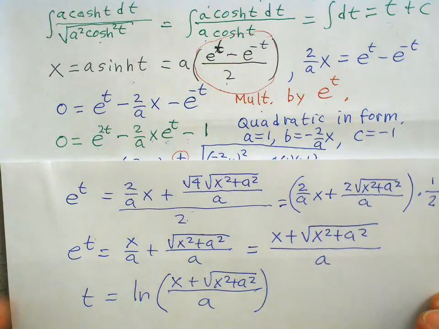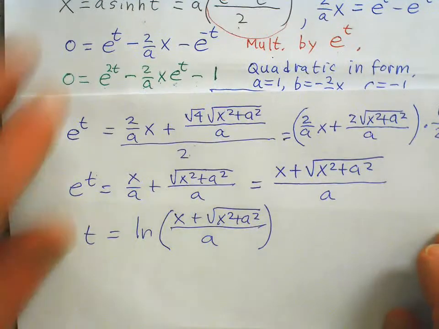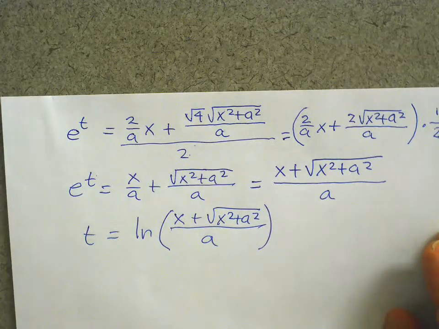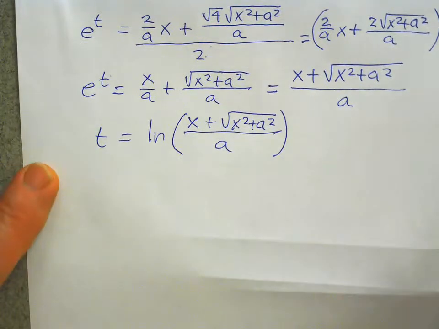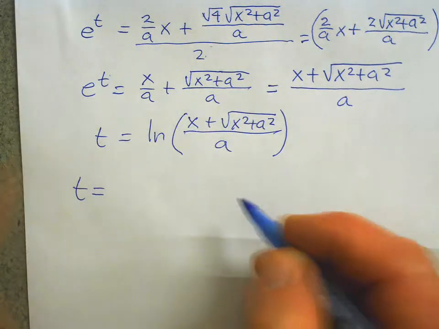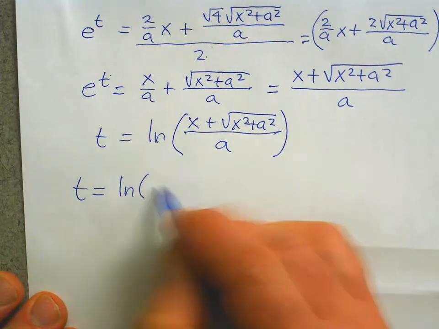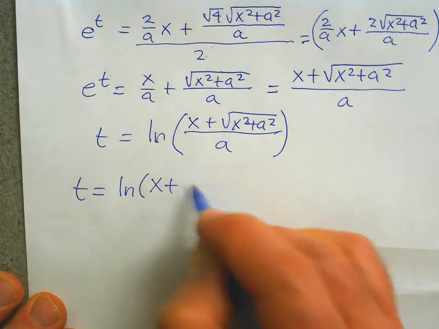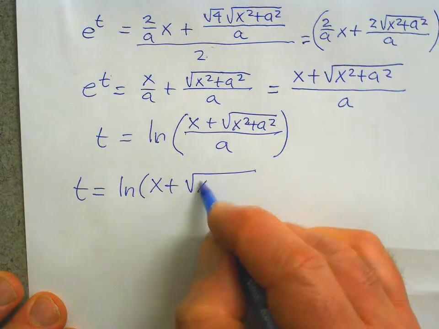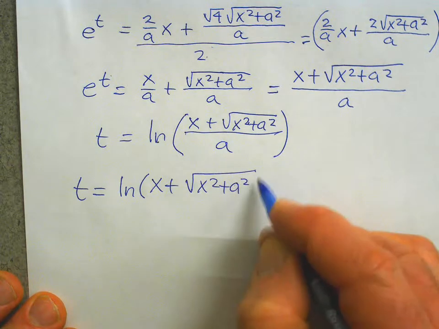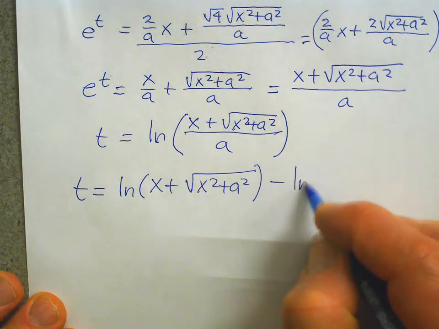Okay, now what do we do? Well, we use properties of logarithms. If you have the natural log of a quotient, this is the natural log of the numerator, natural log of x plus the square root of x squared plus a squared, minus the natural log of a.